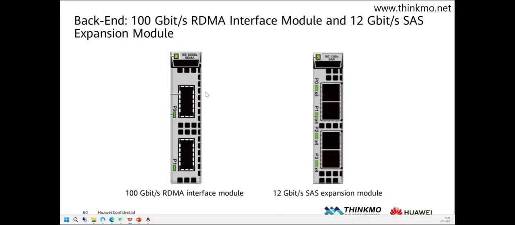In this process, our RDMA module plays a crucial role. It performs high-speed transmission at a rate of 100 Gbps, ensuring that data can be quickly transferred between the control module and the smart hard drive module, preventing any data congestion. This ensures the efficient operation of the entire storage system, which is the main function of our 100 GB interface module.